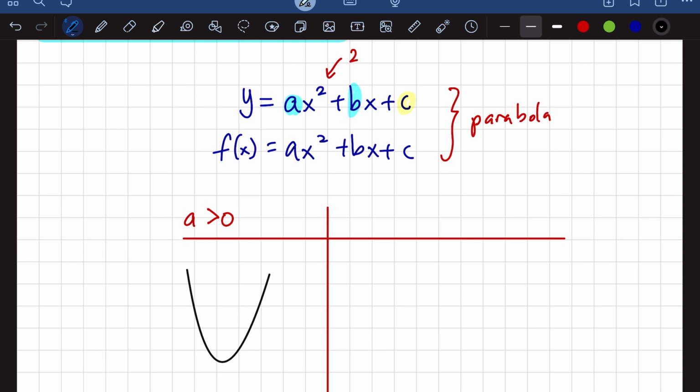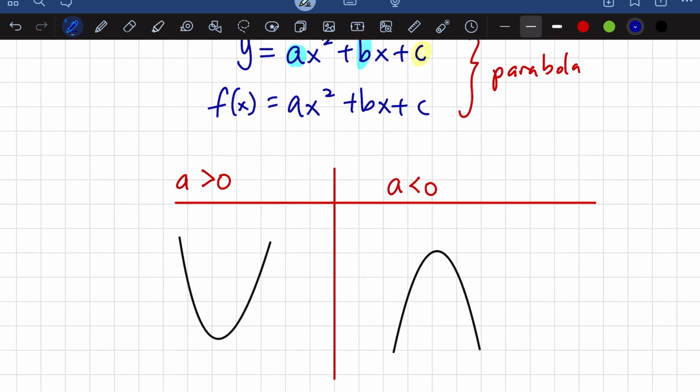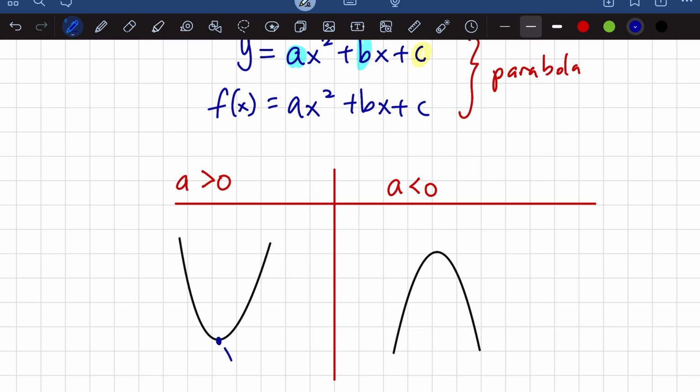So you do expect to have a minimum point. Now, if the a is less than 0, like negative 5x squared, then you do expect an N-shaped curve. And in this case, you will get a maximum vertex or a maximum point. So those are really the two different shapes that you will actually see.